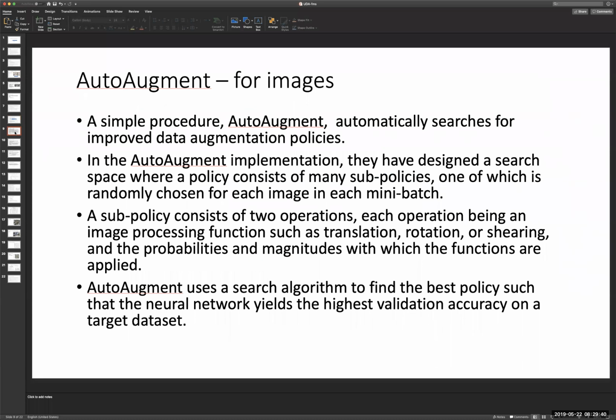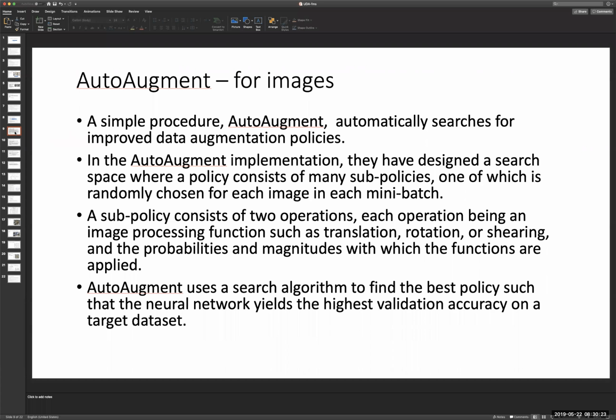So AutoAugment, this is a slide just to describe how AutoAugment works. I'll go over this very quickly since there's a whole paper just on AutoAugment. From the paper, it's a simple procedure that automatically searches for improved data augmentation policies. In its implementation, the authors have designed a search space where a policy consists of many sub-policies, and one of them is randomly chosen for each image in the mini batch.